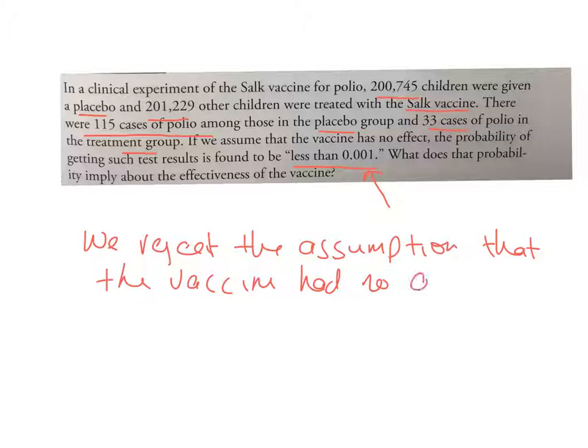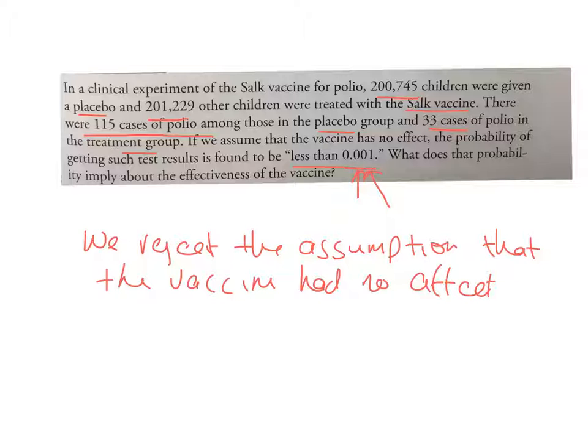So we would assume that the vaccine has an effect, because the probability is so low that it had no effect. If the probability had been higher than 0.05, I wouldn't have said that. But because the chances are so low of that happening just by chance, we're going to reject the assumption that it could just happen by chance and say that the vaccine does make a difference.